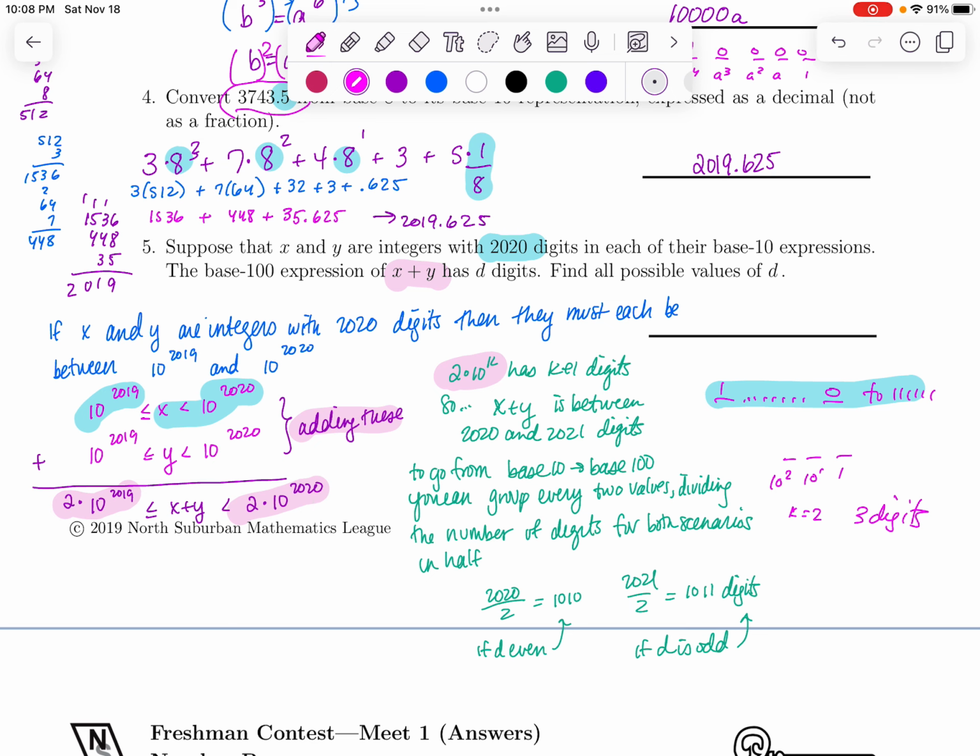And when I look at this, I know that x plus y has between 2020 and 2021 digits.